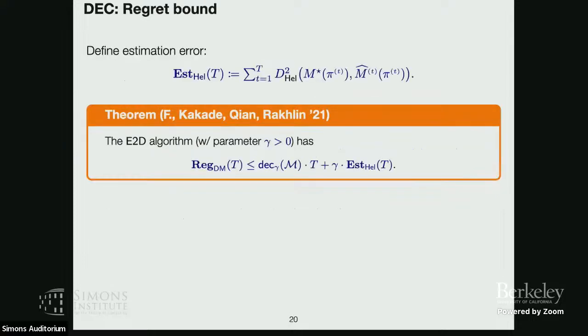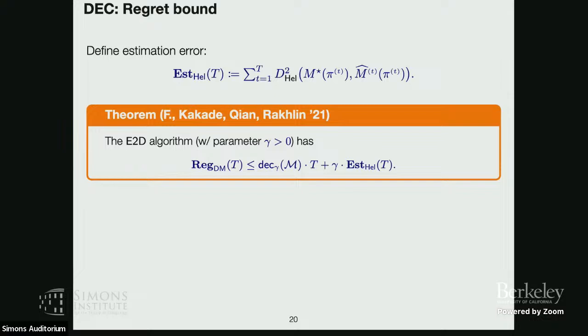What you can show for this strategy is that your regret is controlled by this DEC and some term that reflects how well you are doing at estimation. More precisely, we're going to define Est_Hel(T).